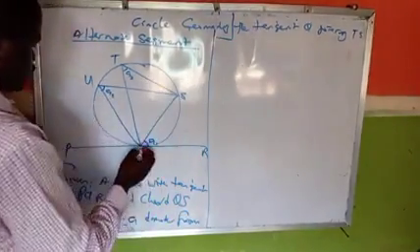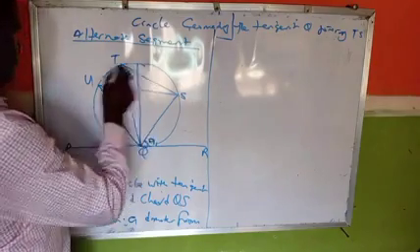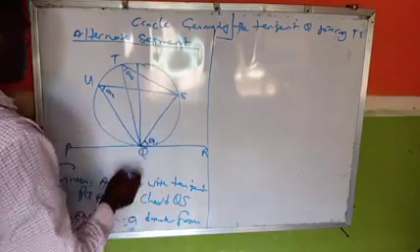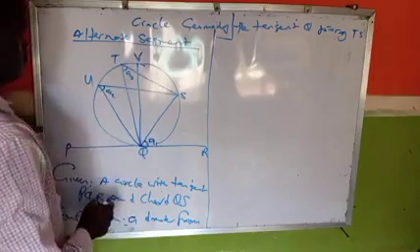You want to construct a diameter here that will join this line here. So you call this one V.